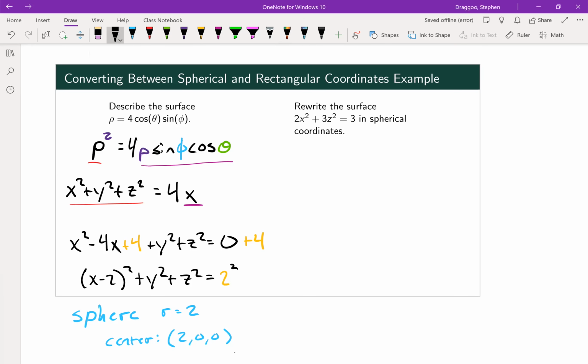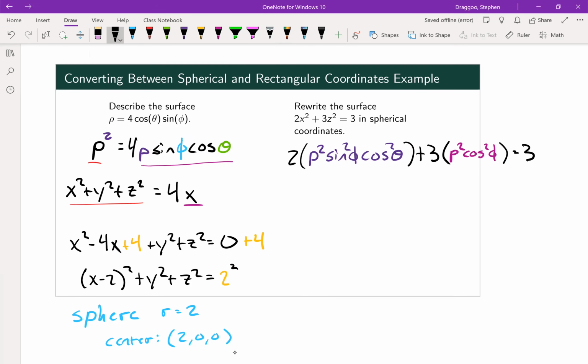So this thing should look like 2 times x squared, which is rho squared sine phi squared cosine theta squared, plus 3 times z squared, which is rho squared cosine phi squared. And that's equal to 3.